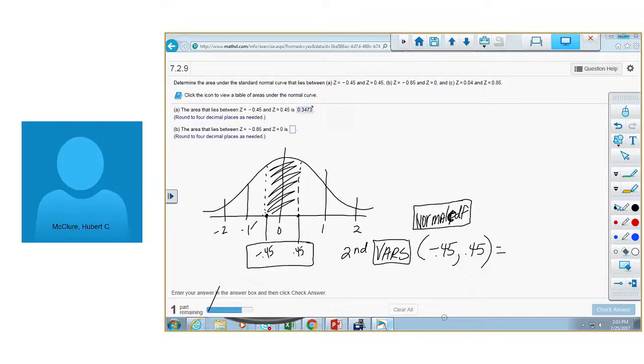Now somebody tell me what they think you get. Well, what's half of 34? 17. I think it's going to be around 34, 35%. So what do you get when you do this? Give me 4 digits.